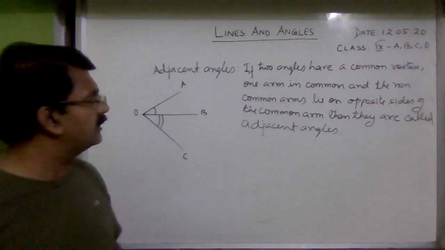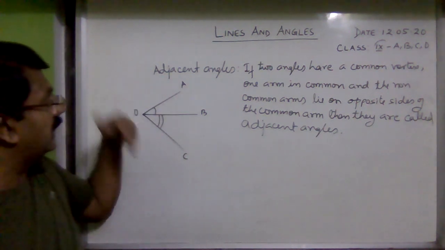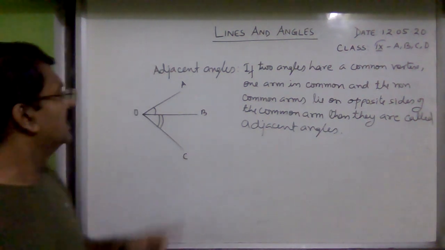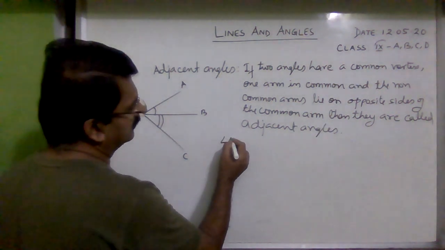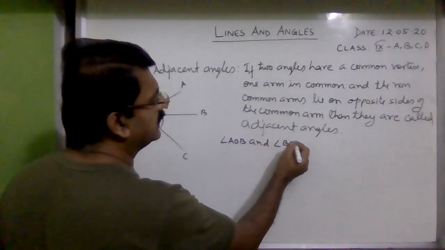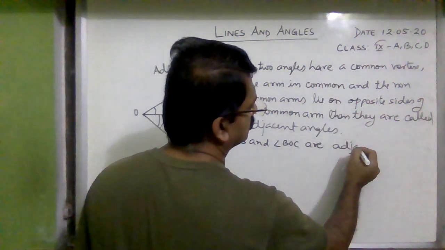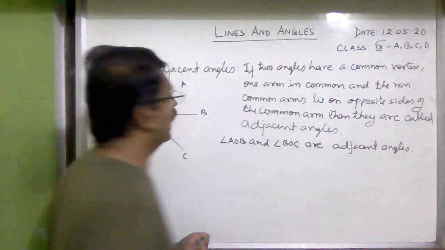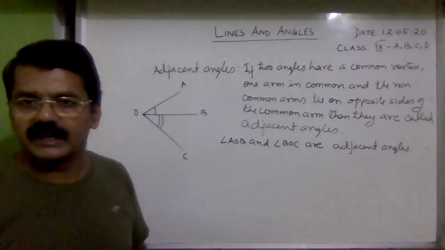So OB is the common arm, and you can see the non-common arms lie on opposite sides of the common arm, so they are called adjacent angles. So angle AOB and angle BOC are adjacent angles. Clear?